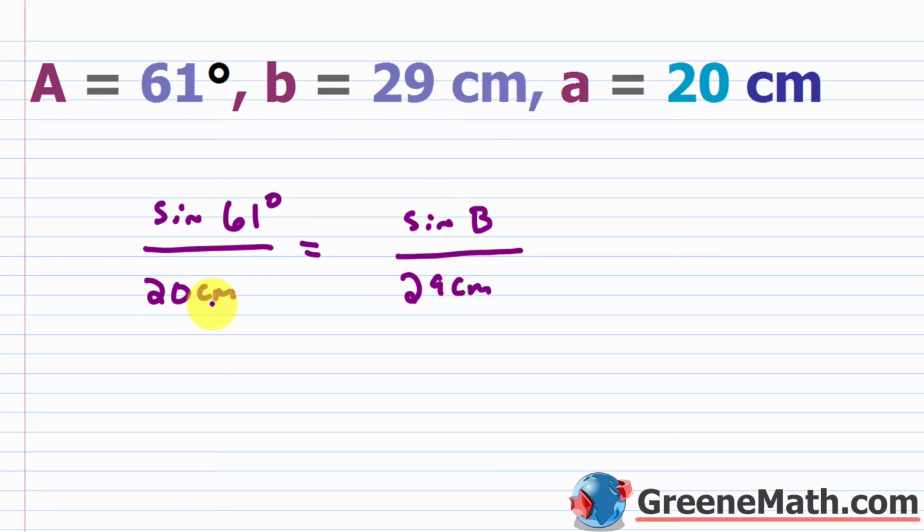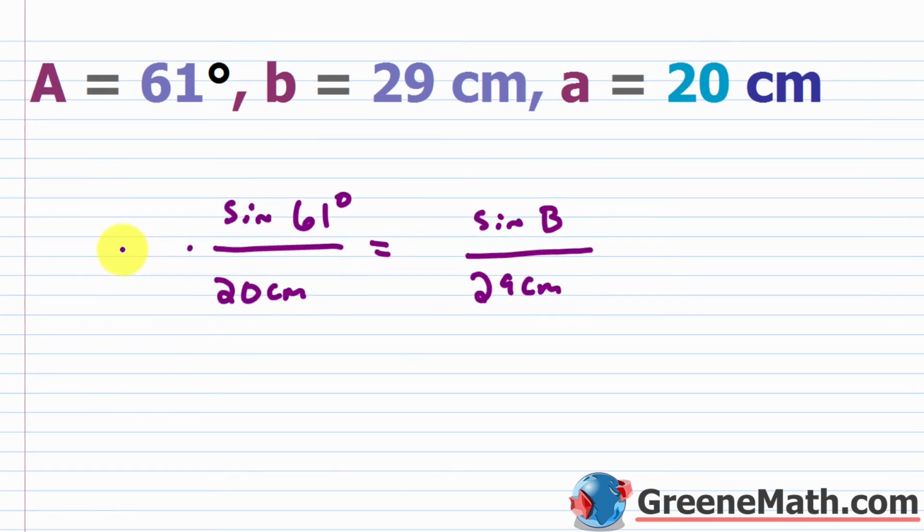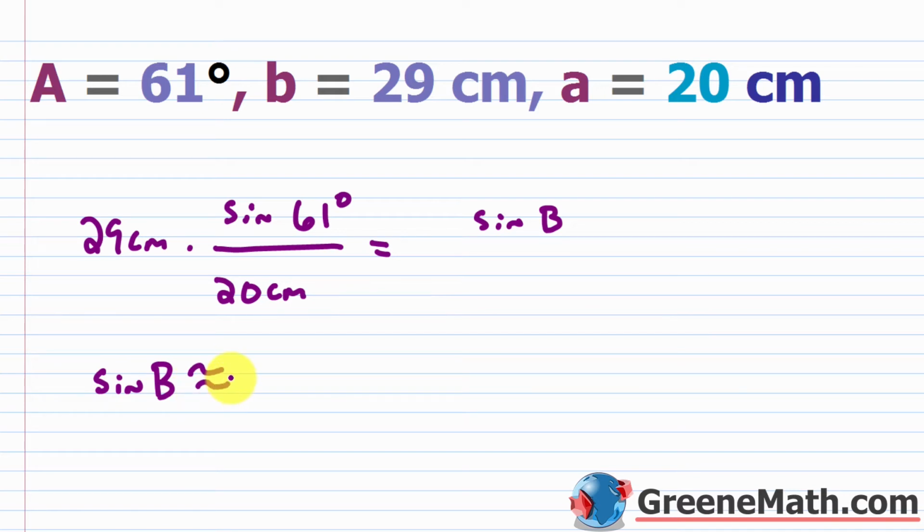Now you can multiply both sides by 29 centimeters. Let me just slide this down a little bit. So we'll say times 29 centimeters over here. So this is equal to the sine of B. So the sine of B is approximately, let's just go ahead and say it's about 1.3. And again, the sine value is not going to be greater than 1. So that's another way you can prove that there's no such triangle.